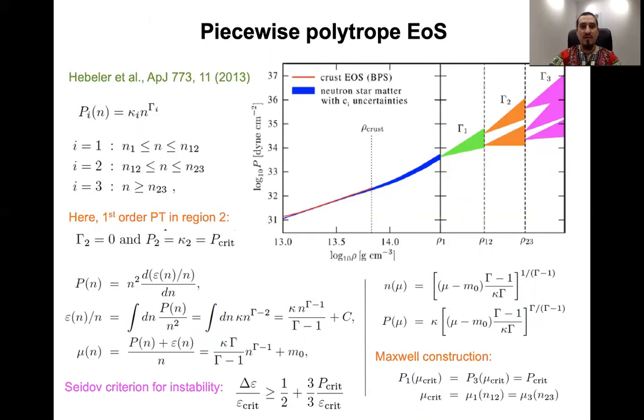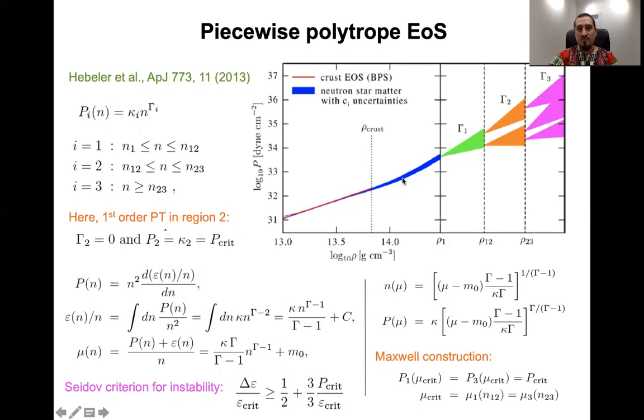If you look here at the figure on the right side, we see the densities that are meant to be found inside neutron stars, and at lower density we have some matter that describes the crust of the neutron star. The typical equation of state is BPS, up to some point where we find the crust-core transition.